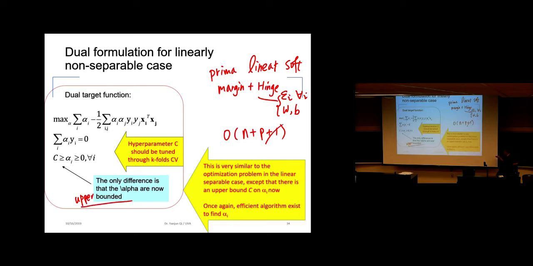And very efficient algorithms exist to optimize this. But in the primal case, by allowing errors, you actually get a lot more parameters to estimate. And I haven't even talked about the kernel case, right? When you go to the kernel case and move to phi(x), the W will be, yeah, we're going to talk about it later.